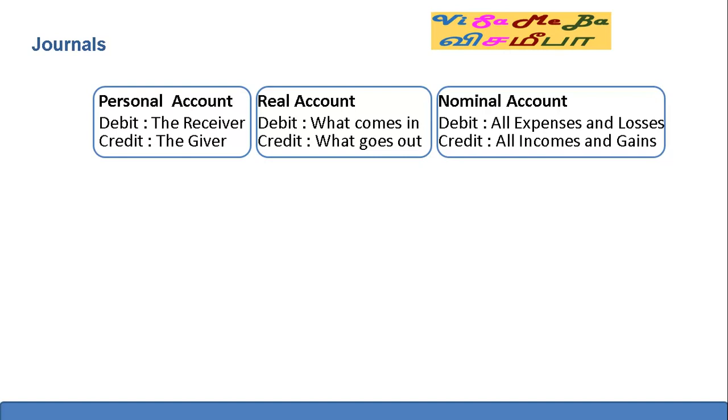Now, to prepare a journal entry, we will be taking one debit of one account and another credit of another account. So for example, in our first transaction, BR starts business as a sole proprietor with $20,000 in cash.